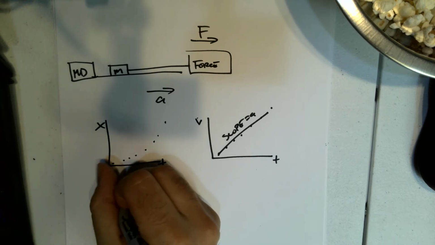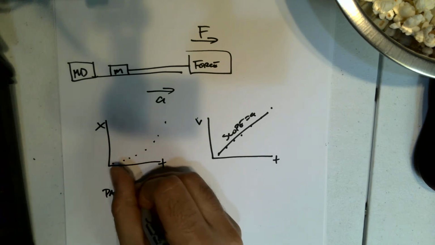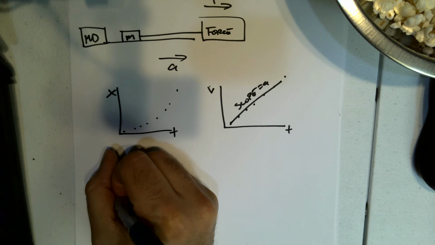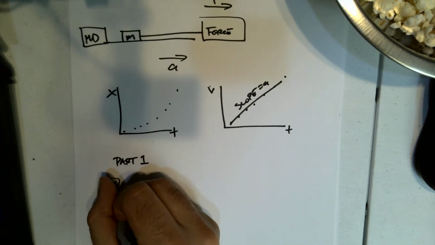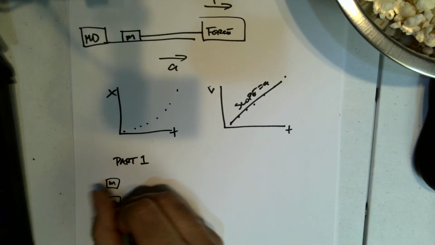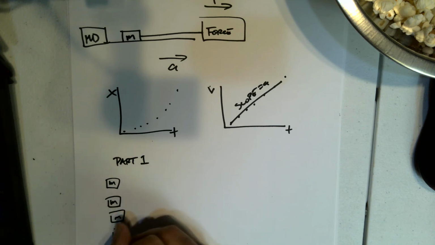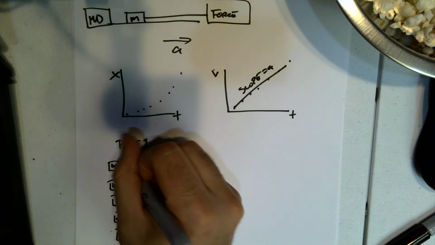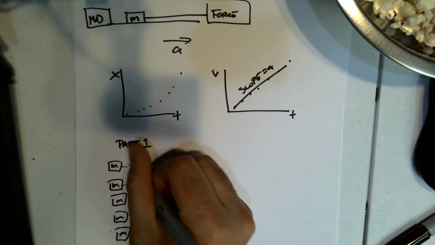Now, in part one of the experiment, we keep the same mass, but we vary the force. We're going to make the force larger and larger each and every time. Initially you'll start out with some small force and step it up.